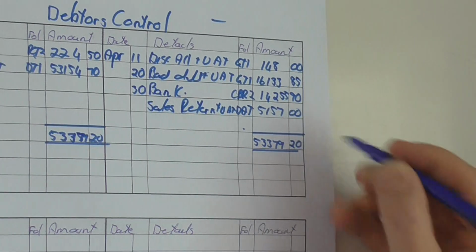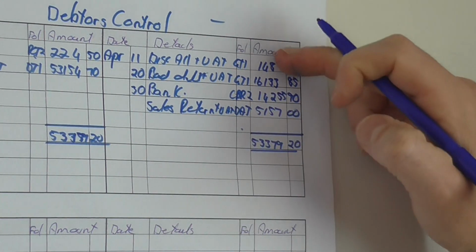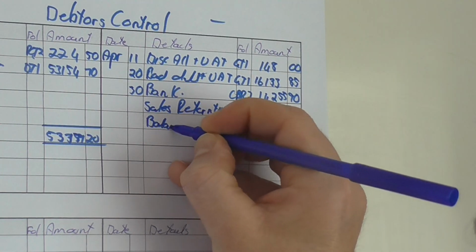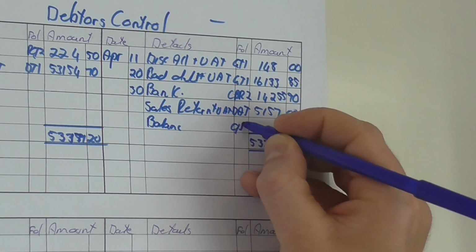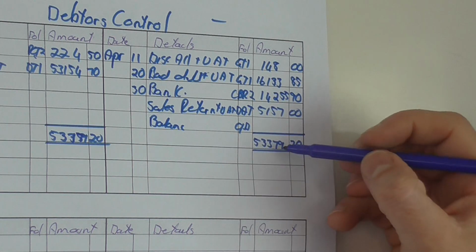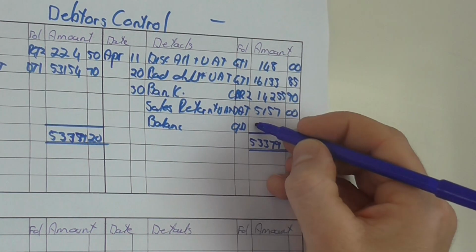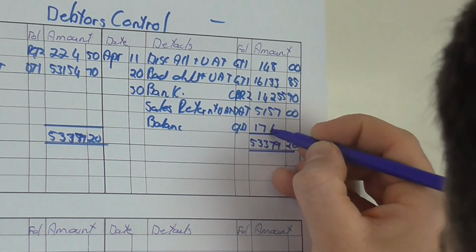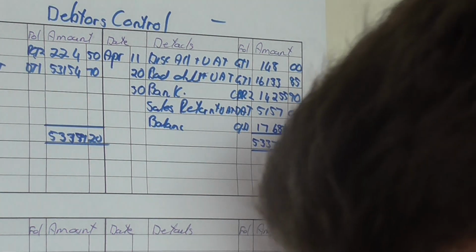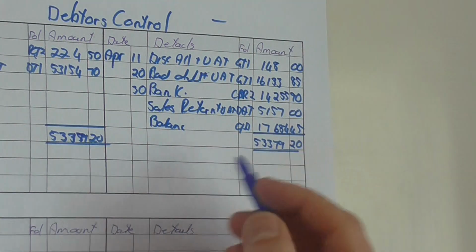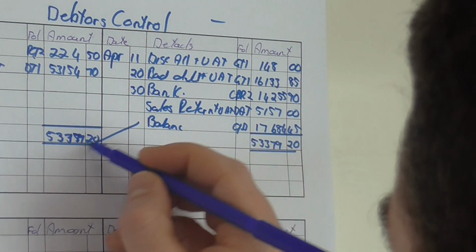So now you take that amount and you minus all of those amounts. So you will get your balance carried down. And that'll be 53379.2 minus all of those amounts gives you an amount of 17684.45. Okay, so as we know, because you have a credit balance, it goes over to your debit side.